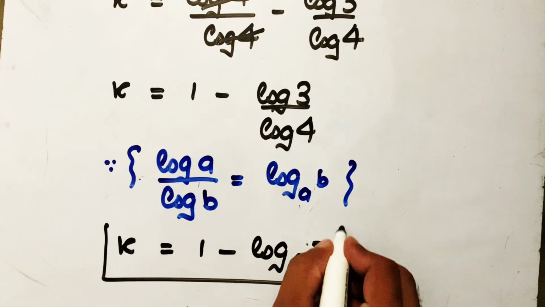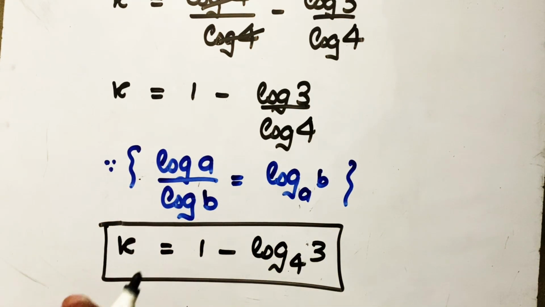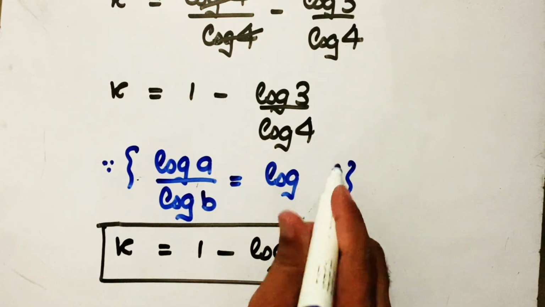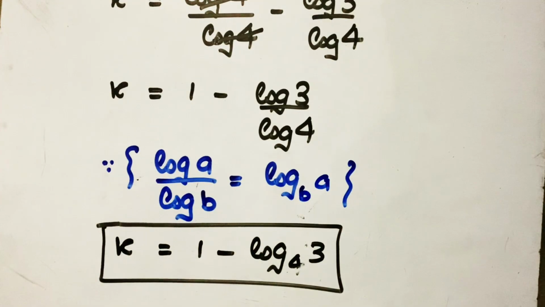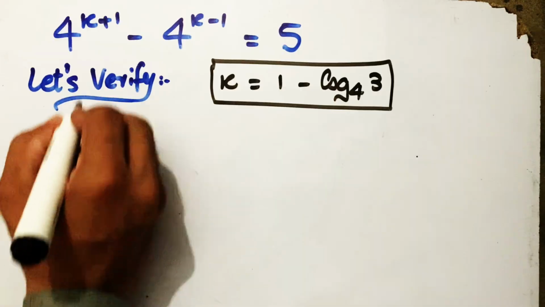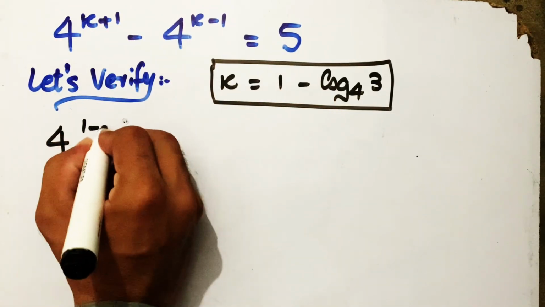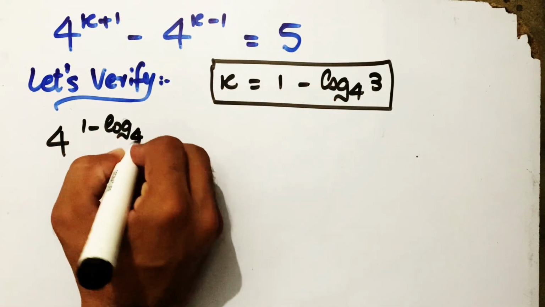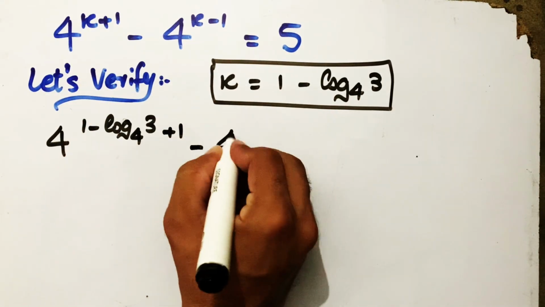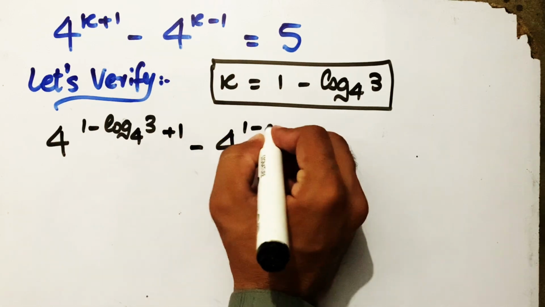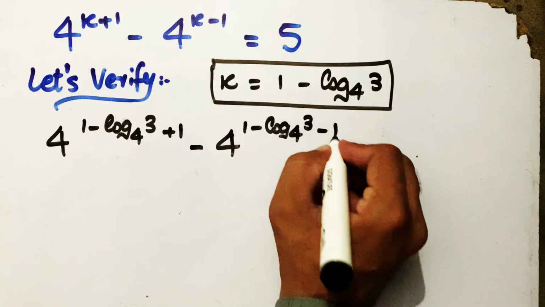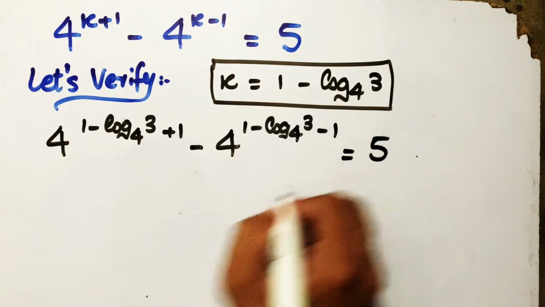That's the final answer. So let's verify it by putting it in the main equation. Now put the value of x in the main equation. Our equation is 4 to the power of x, which is 1 minus log base 4 of 3, plus 1, minus 4 to the power of 1 minus log base 4 of 3, minus 1, equals 5.